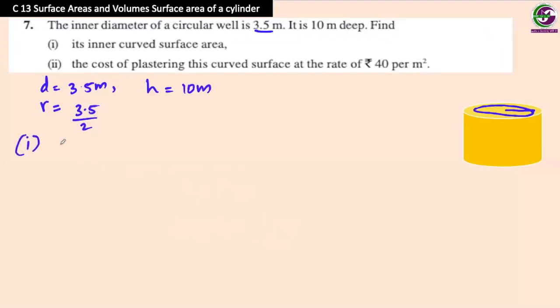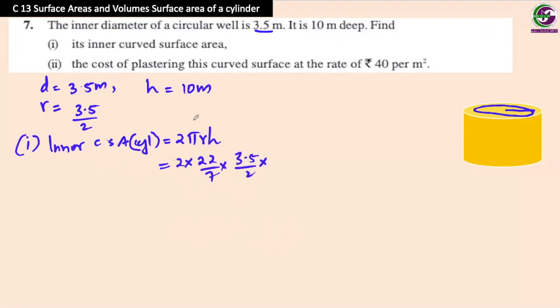So first part is inner curved surface area of the cylinder. Again, it is 2 pi r h, which is equal to 2 times 22 by 7 times radius 3.5 divided by 2 times height 10. 2 and 2 get cancelled, and this will be 0.5, which is 22 times 5, which is 110 meter square is the inner curved surface area.